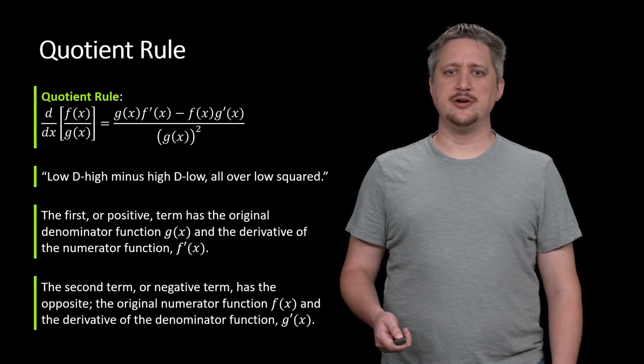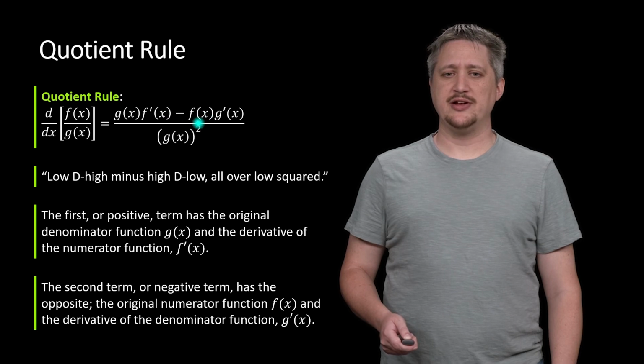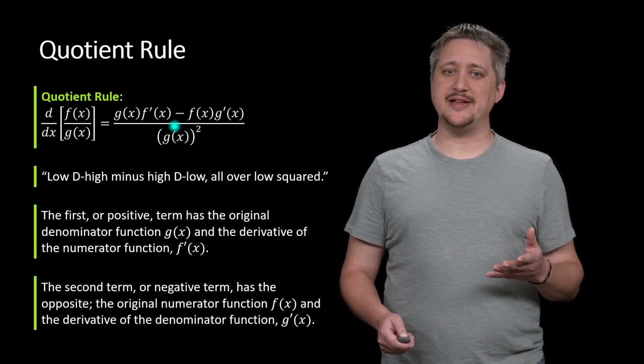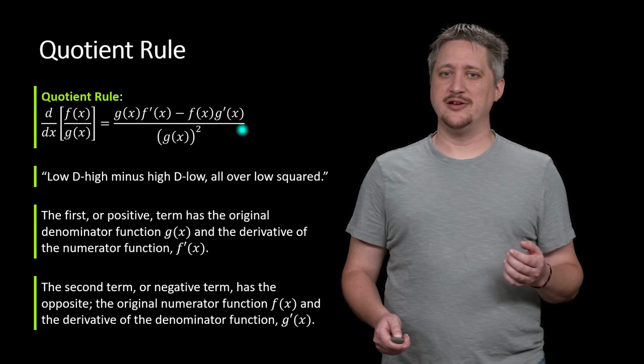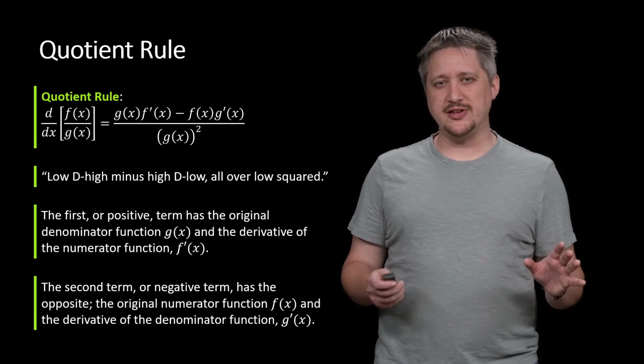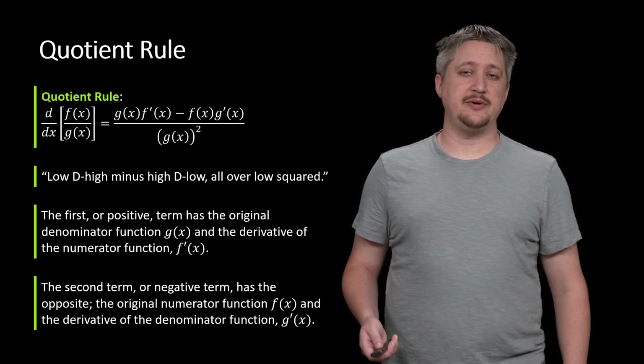And the second term, you can think of as the negative term, the one that has the negative attached. This is just the numerator and the derivative of the denominator. So it is maybe helpful, or it will be helpful, to think that this negative is attached to this pair of terms rather than thinking about minus and then this term on its own. Again, why we'll see a little bit in the future, but this is a helpful observation to make at the moment.